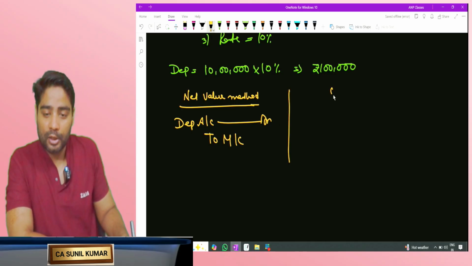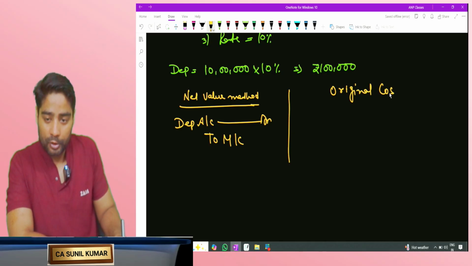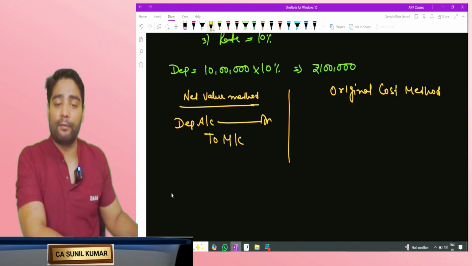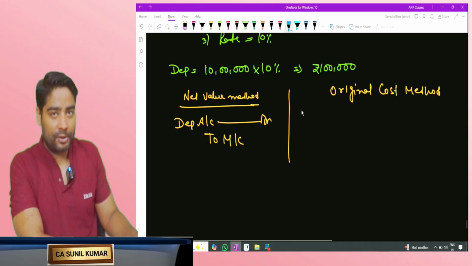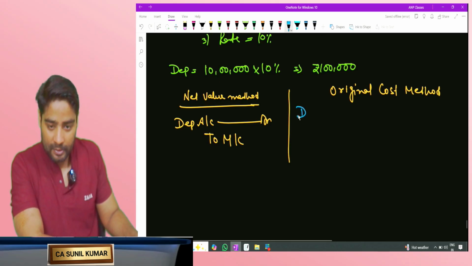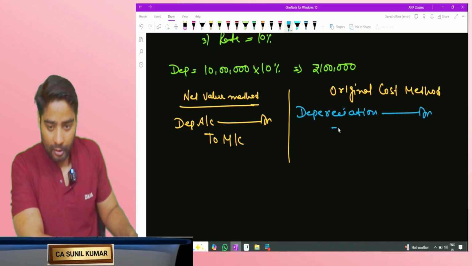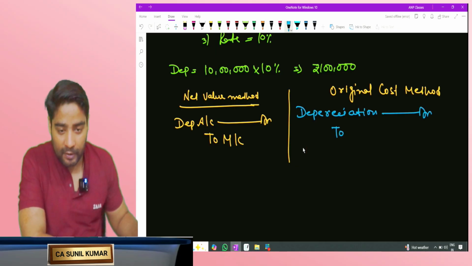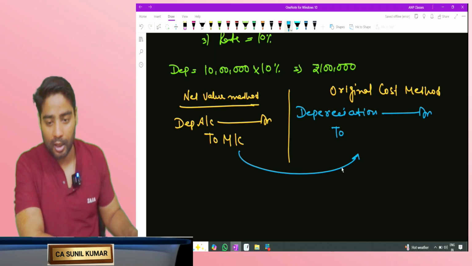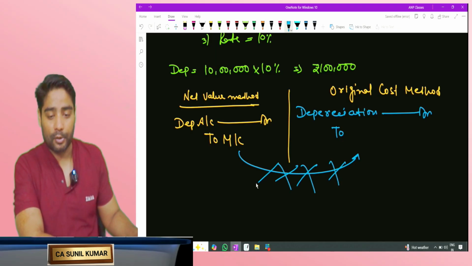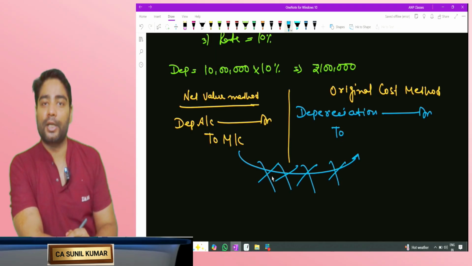But in the original cost method, now listen carefully, what will be the journal entry for charging depreciation? Depreciation is our expense and all expenses are debited, so we shall also debit depreciation. But we will not credit the machinery account here.